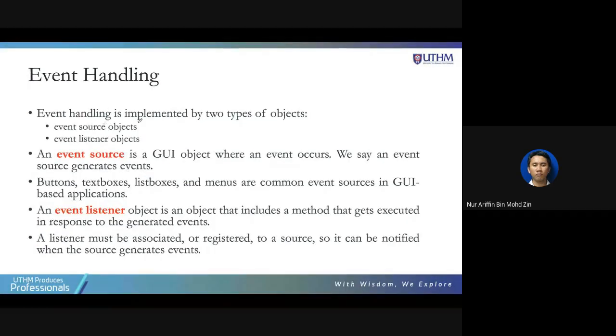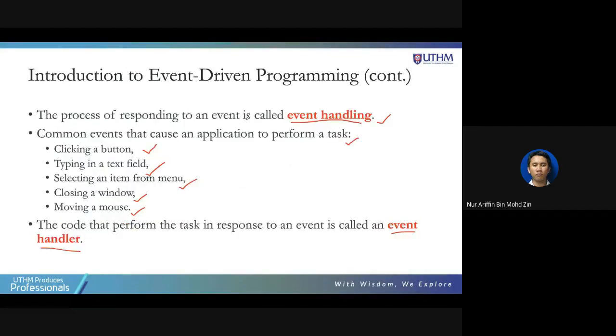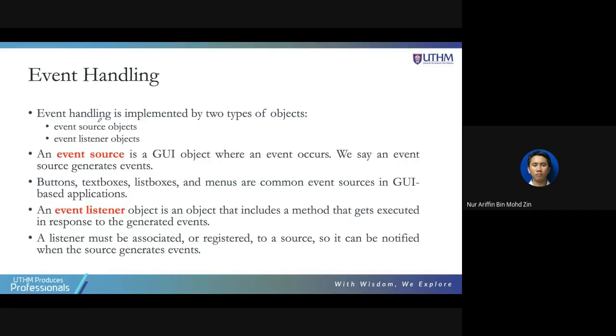Event handling is implemented by two types of objects. Just a recap: what is event handling? It is the process of responding to an event. What are events? Events are things like clicking a button, typing in a text field, selecting an item, and so on. Event handling is implemented by two types of objects.